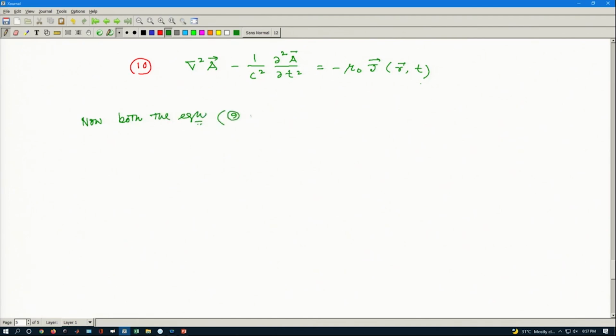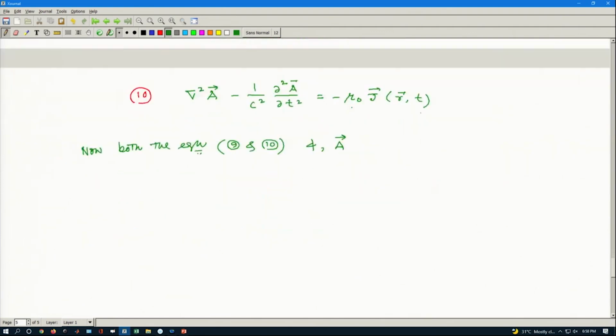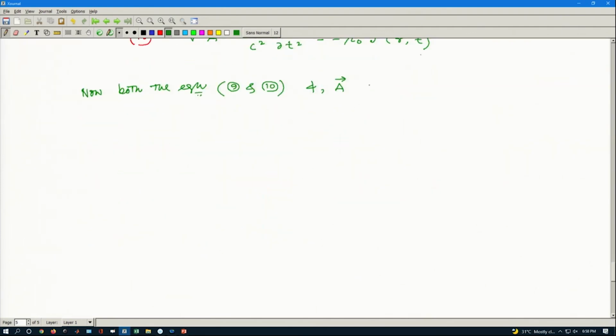Equation 9 and equation 10, that is, the equations for phi and A. In other words, because in equation 9 we have only phi, and in equation 10 we only have A, both satisfy the wave equation with a source term. And we have the method to solve the wave equation with a source term.